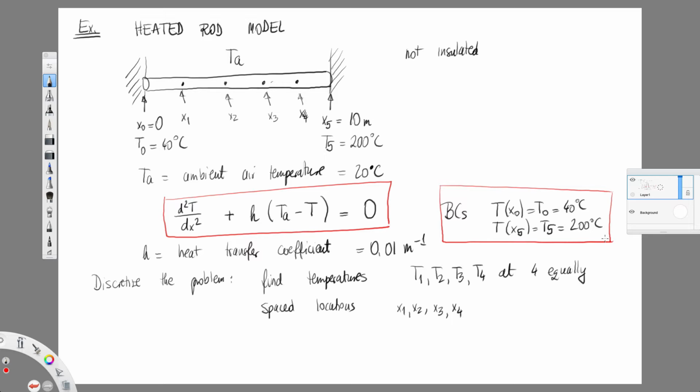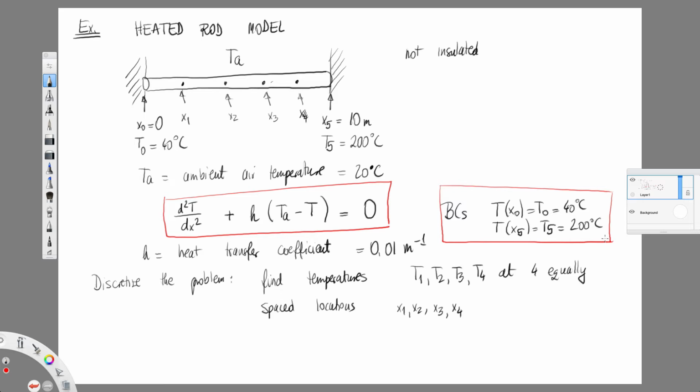So now what I need to do is set up equations for T1, T2, T3, T4. And what will enable me to do that is expressing, at every point, the derivative of temperature at that point based on the surrounding values.